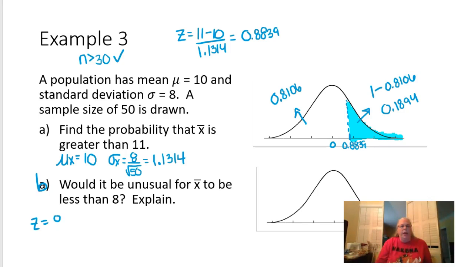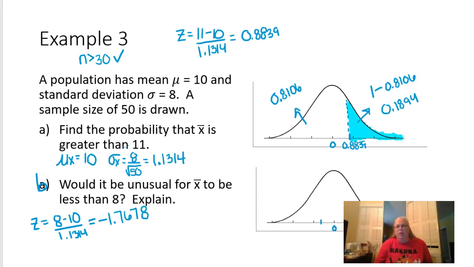We're going to do 8 minus 10, and we're going to divide that by the standard deviation we just found, 1.1314. And on my calculator, this is giving me negative 1.7678. So if we put the mean right here in the middle, negative 1.76 is going to be somewhere in here in between 1 and 2.